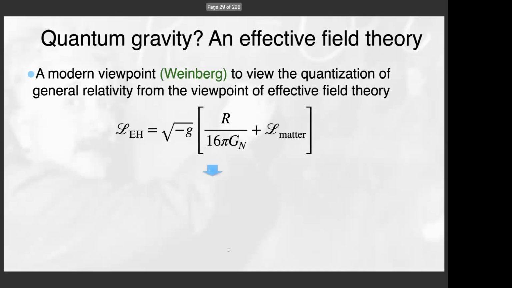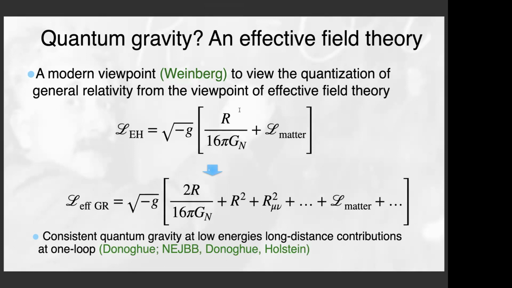So how can we talk about quantum gravity? A good way to do this without having to think too much about a fundamental theory is to take the viewpoint of Weinberg, to view the quantization of general relativity from the viewpoint of effective field theory.